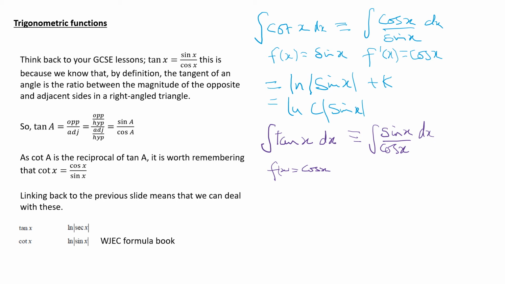Differentiate my denominating function. Now f dashed x, of course, is equal to minus sine x. Right, so you've got to always watch these minus signs, they're little devils. So if I do as I've done before, treat that as minus minus sine x, because minus minus combination is the same as a positive.